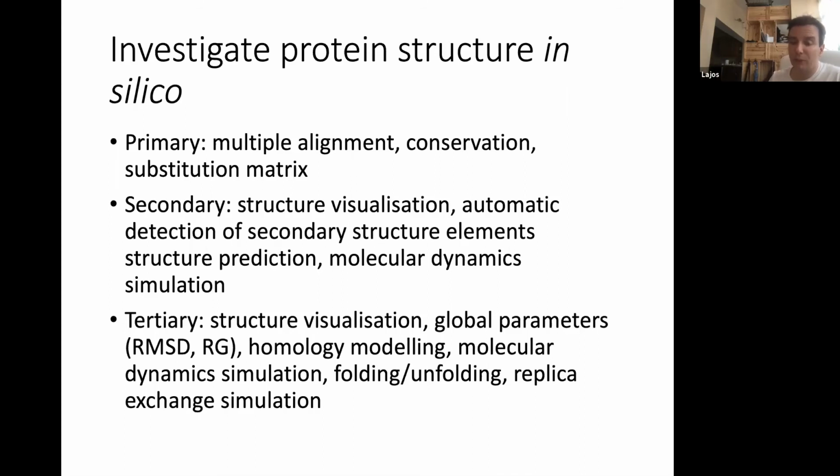It's a very quick way to create your own structure. It will use all the structures that are available, use the sequences, make a sequence alignment, and based on the sequence alignment, the bioinformatics software will create a homology model for you, which is actually a very reliable way to make your three-dimensional structure.